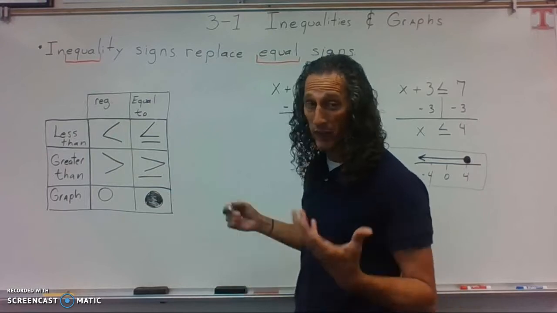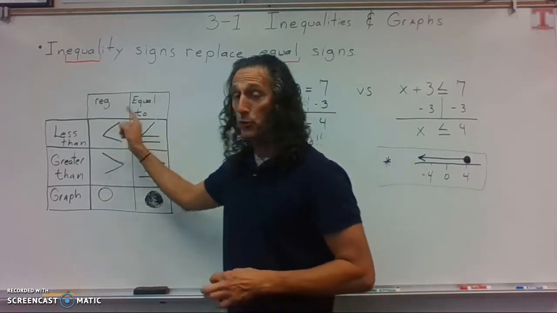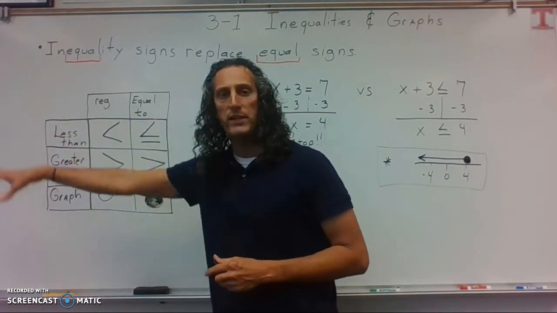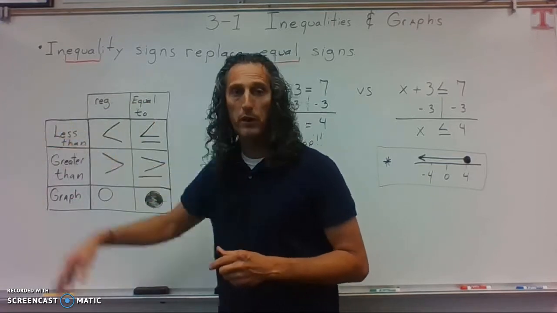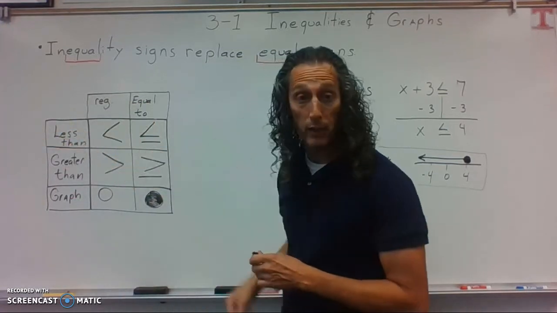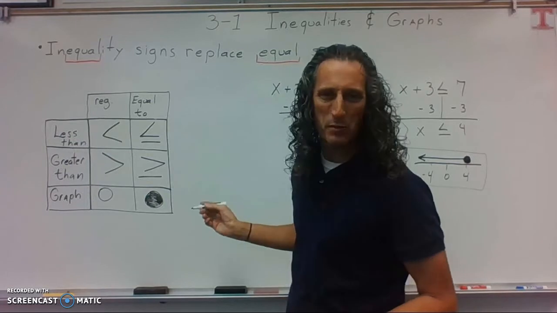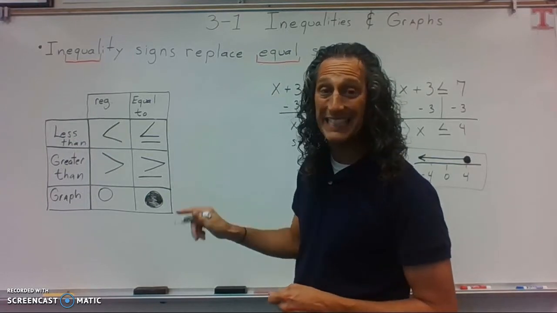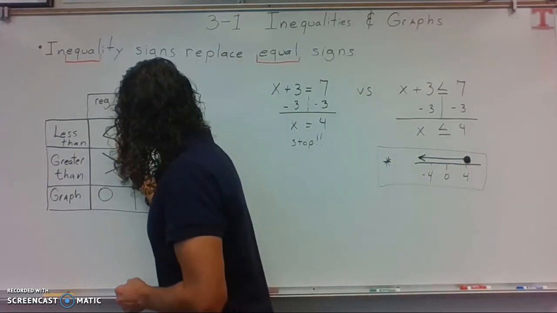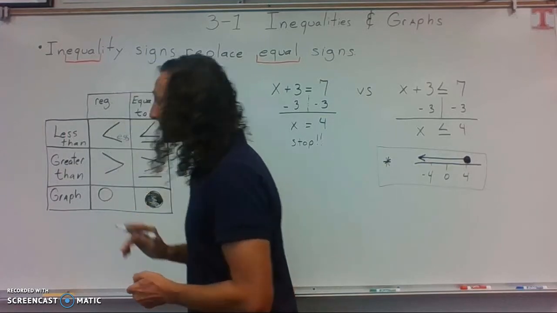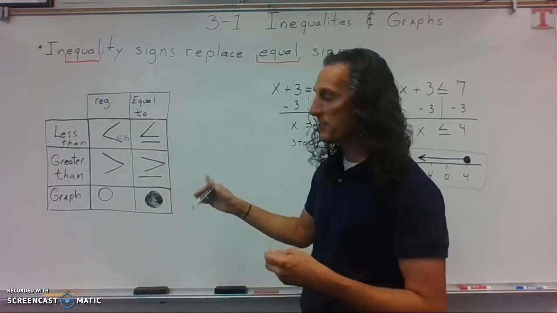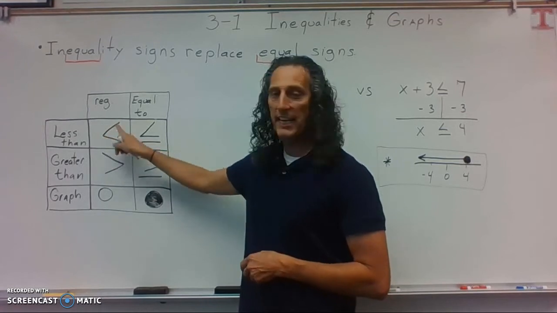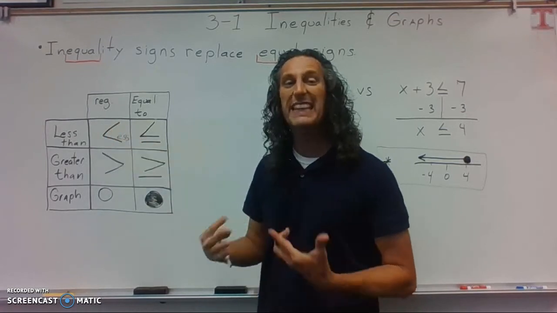Here's one of my tricks. The less thans always point towards the negatives. They point towards 0. It's a smaller number. Greater thans point towards the bigger ones. The other thing that I sometimes do is I'll write the word less, L-E-S-S. It's hard to see, but it makes the sign look like an L, so it looks like the word less.